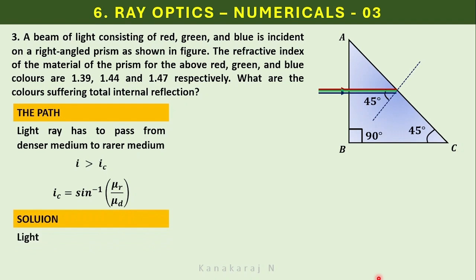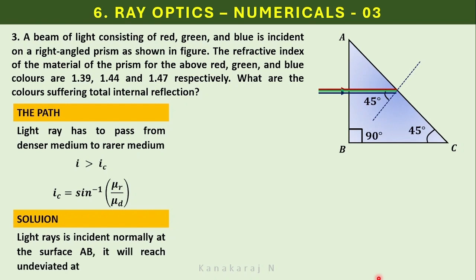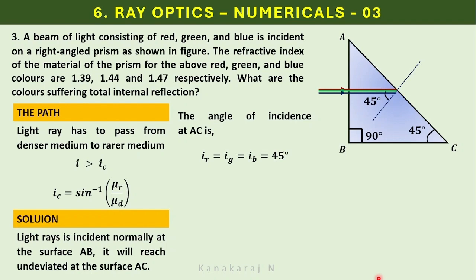So the solution. The light ray is incident normally on the surface AB, so it reaches AC without any deviation. So the angle of incidence at AC for all three colors is equal. IR equals IG equals I blue equals 45 degree.